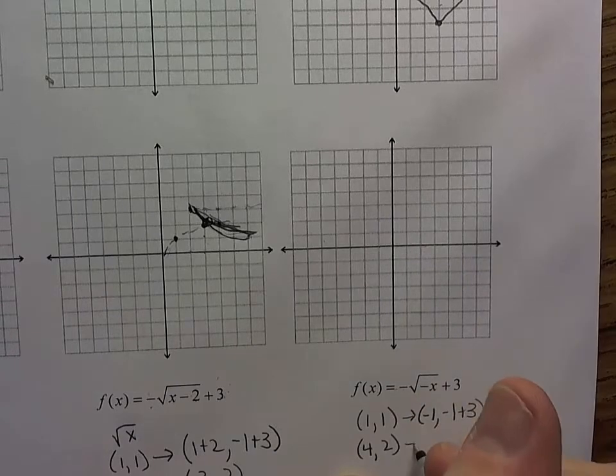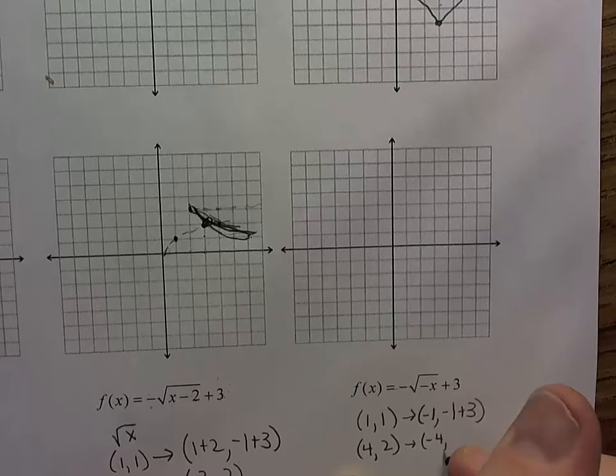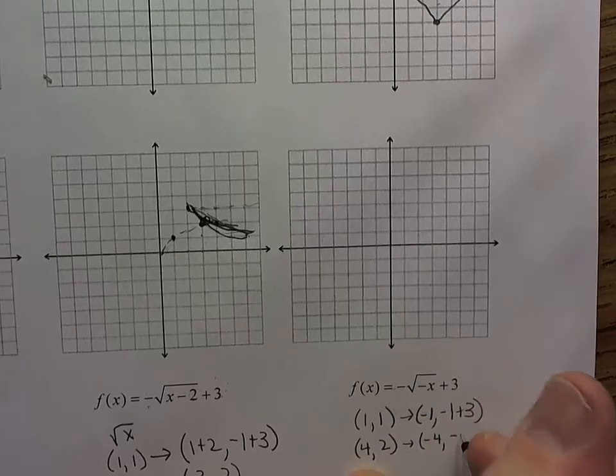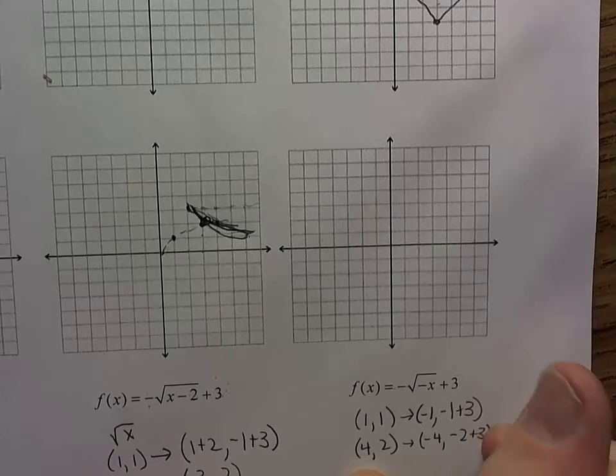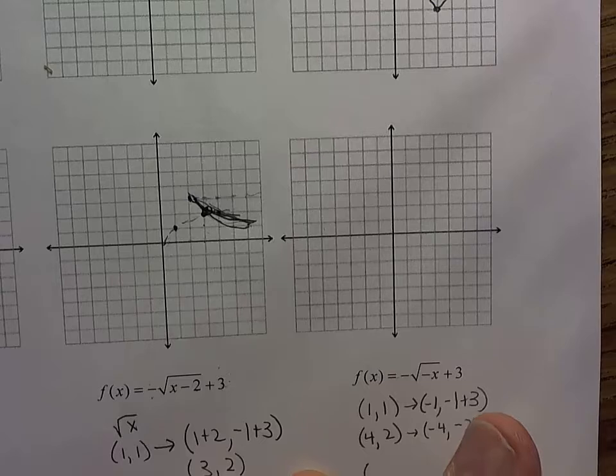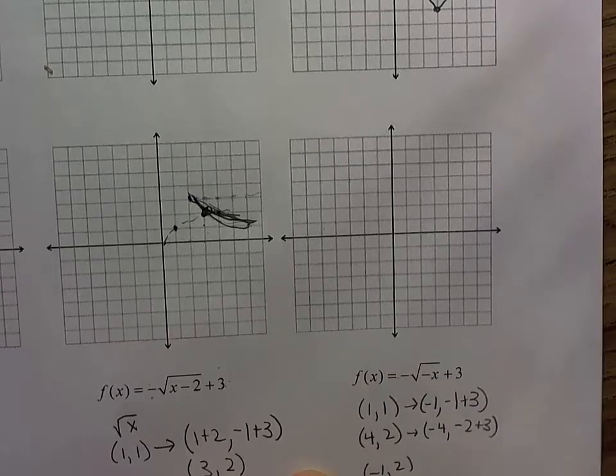Now the same thing over here for this one. The x is going to be changed to negative, and then the y is going to be made negative and then up 3. So let's see what points we have. We have these points: -1, 2, and we have -4, 1.